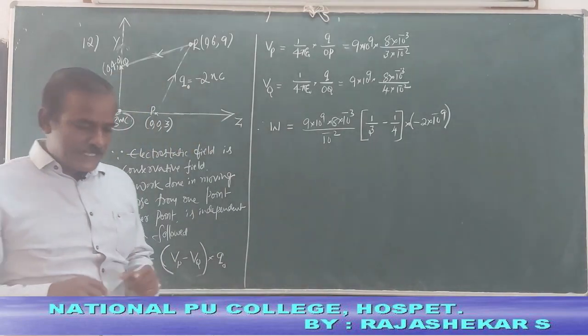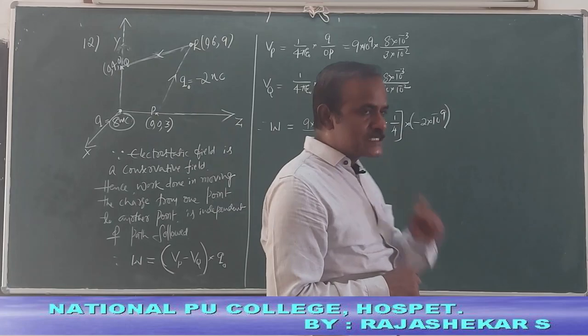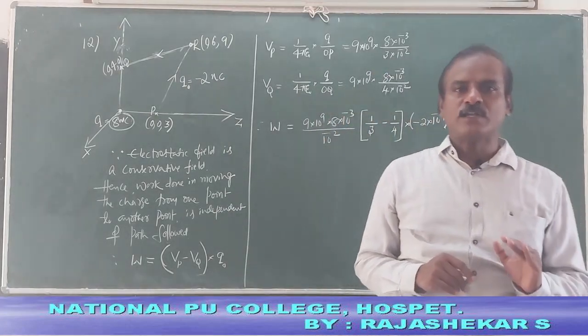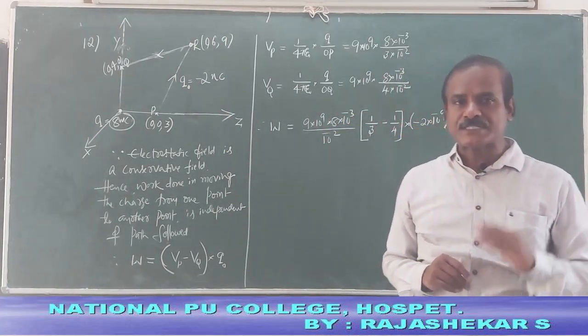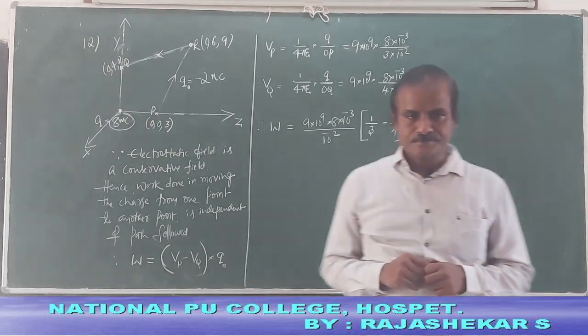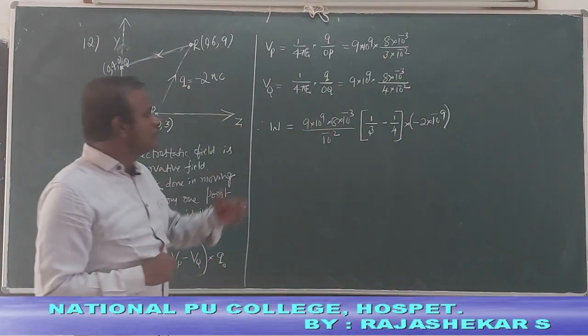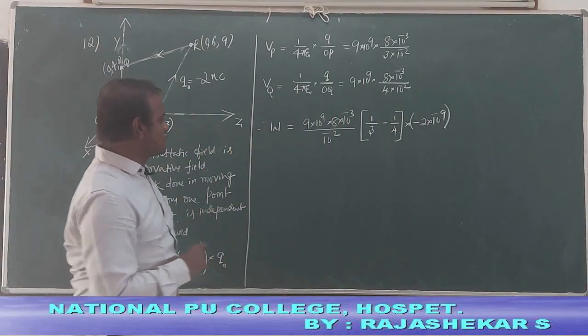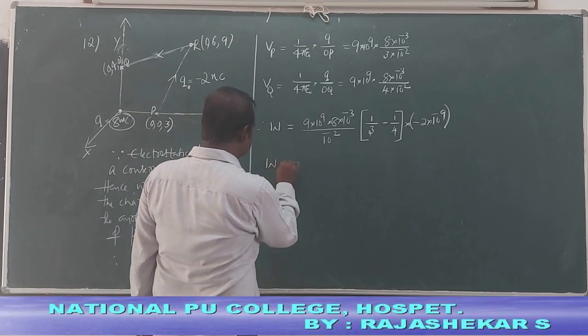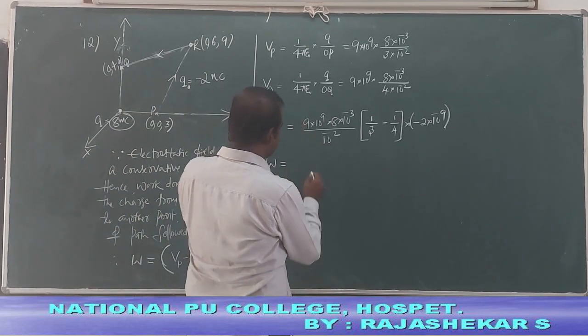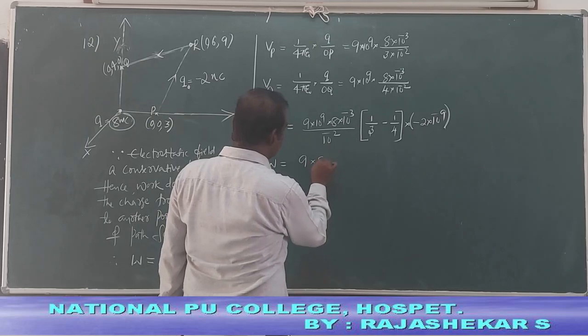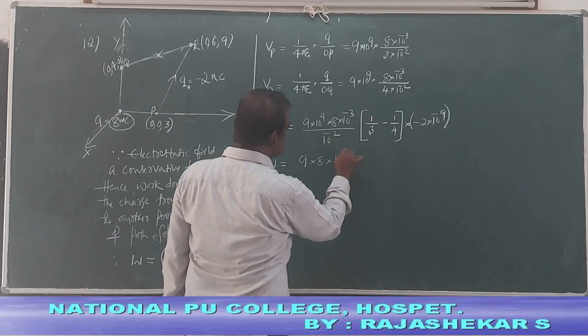And you have made a clear and distinguished study between conservative force and non-conservative force, friends, in the first year course. Now simplify this one, you will get the answer. W is equal to, look at this, 9 into 8 into 10 to the power 6.